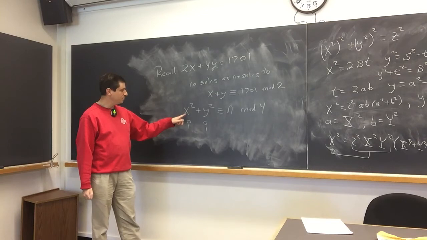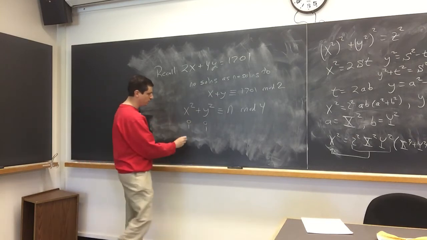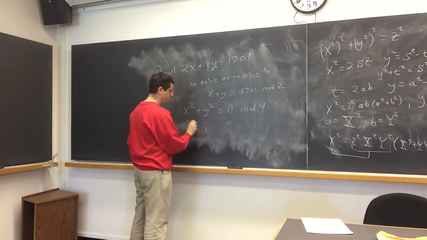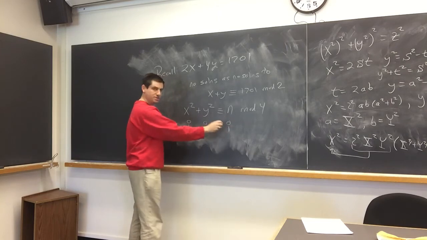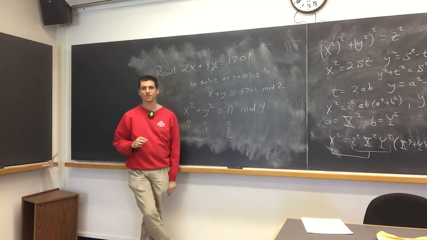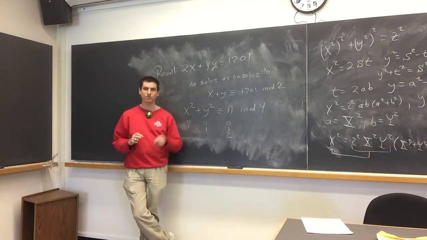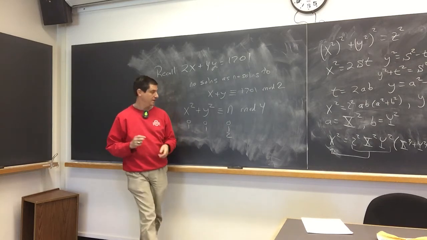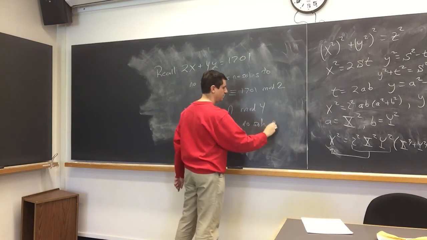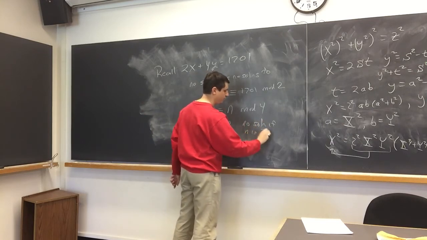So when you look at the possible values for x squared plus y squared mod 4, we could have 0 plus 0 is 0. We could have 0 plus 1 is 1. We could have 1 plus 0 is 1. We could have 1 plus 1 is 2. Which values of n will not have solutions? Yeah, if n is 3 mod 4, so no solution if n is 3 mod 4.